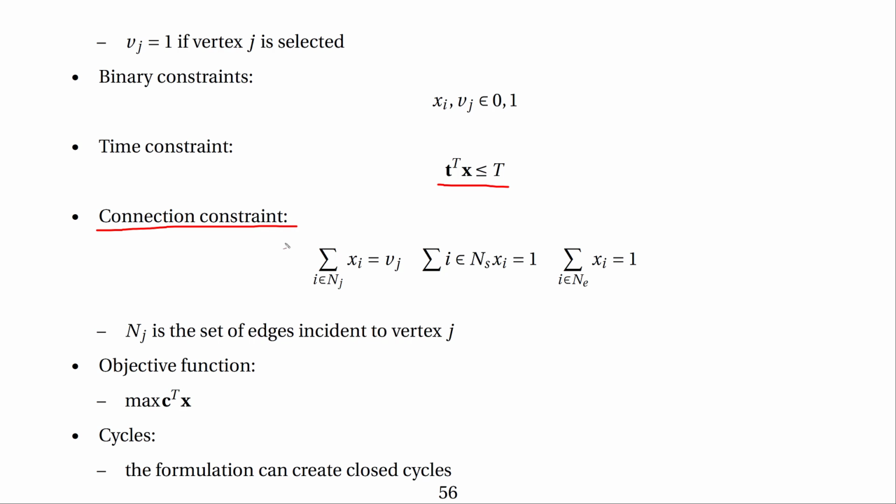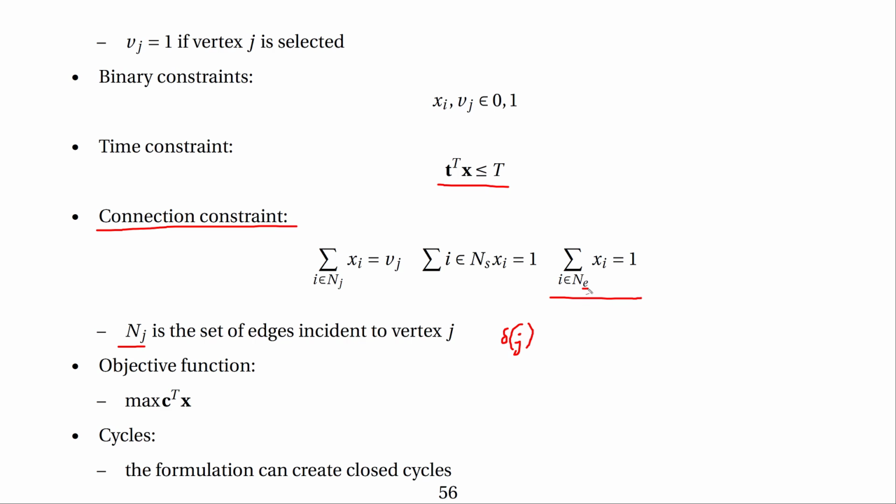Then we have connection constraints, and for these connection constraints we use this set Nj, that is the set of edges incident to the vertex j. That's actually the same as this delta j that we defined before. For some reason this notation is slightly different here. Let's look first at the last equation, since that's the one that's not messed up.